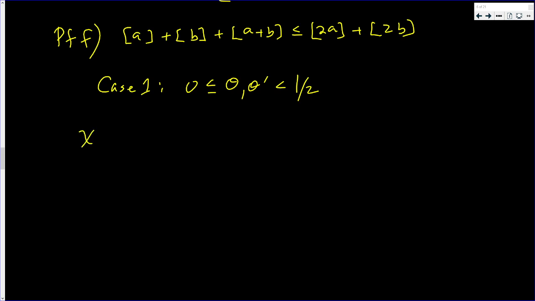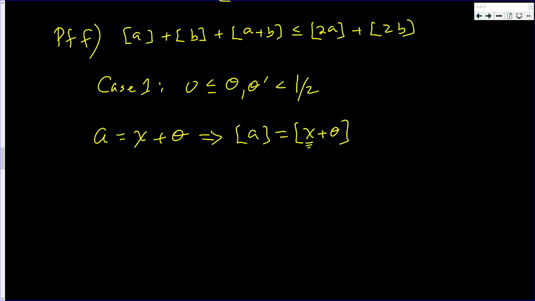So x, let's say a is equal to some integer plus a little bit more. So theta is less than 1. This tells me that the greatest integer of a is equal to, and I can do it in long form, it's equal to this, but that's an integer.